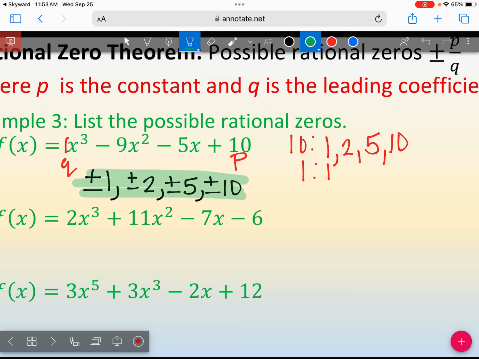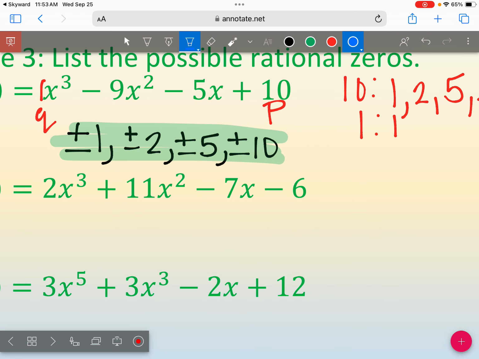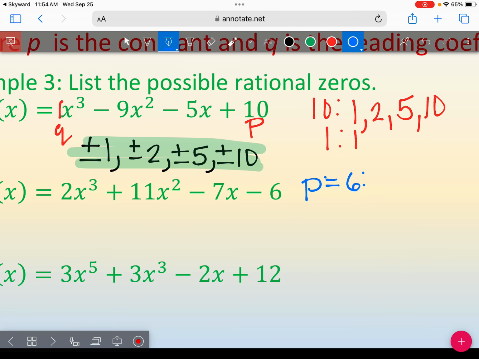So let's look at question B. What number would be P? 2. Nope. Oh, my bad. Okay, so P is 6. What are the numbers that go into 6? 1, 2, 3, and 6. Who agrees that those are the only 4 numbers that go into 6? Can I divide it by 4? Can I divide it by 5? No. Okay, what is Q?